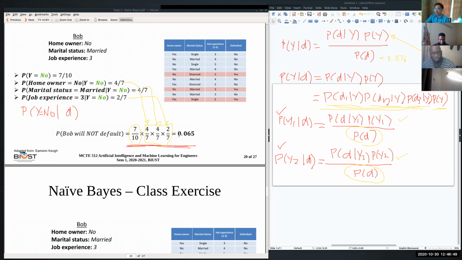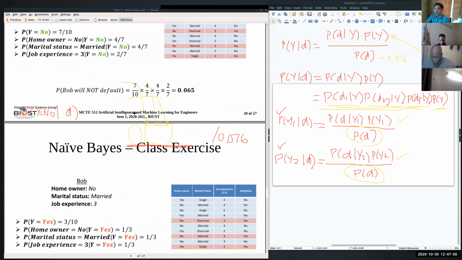So whether we divide this by 0.076 or not, it doesn't matter. We still establish the fact that Bob will not default.